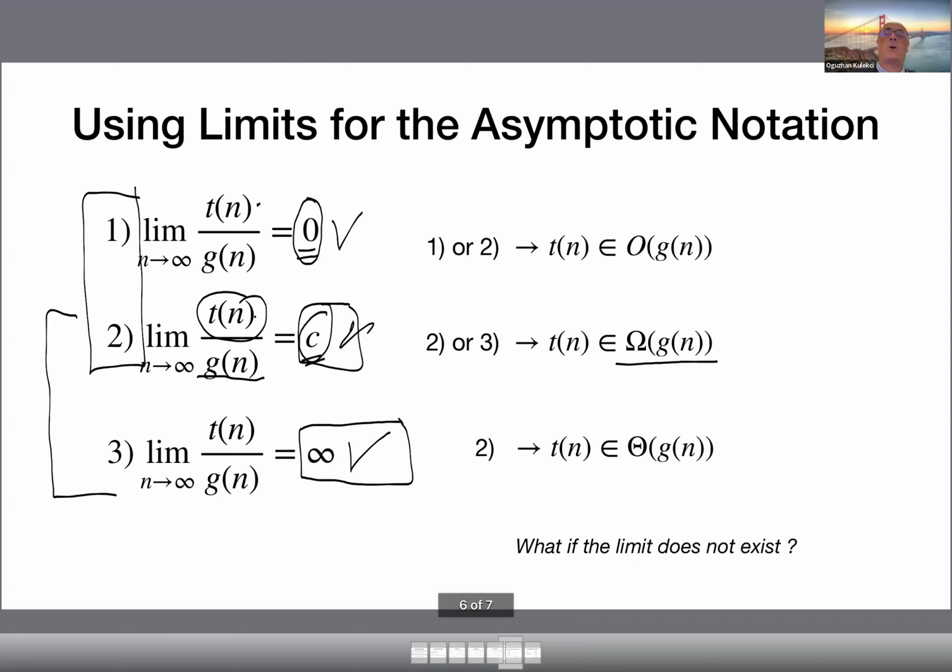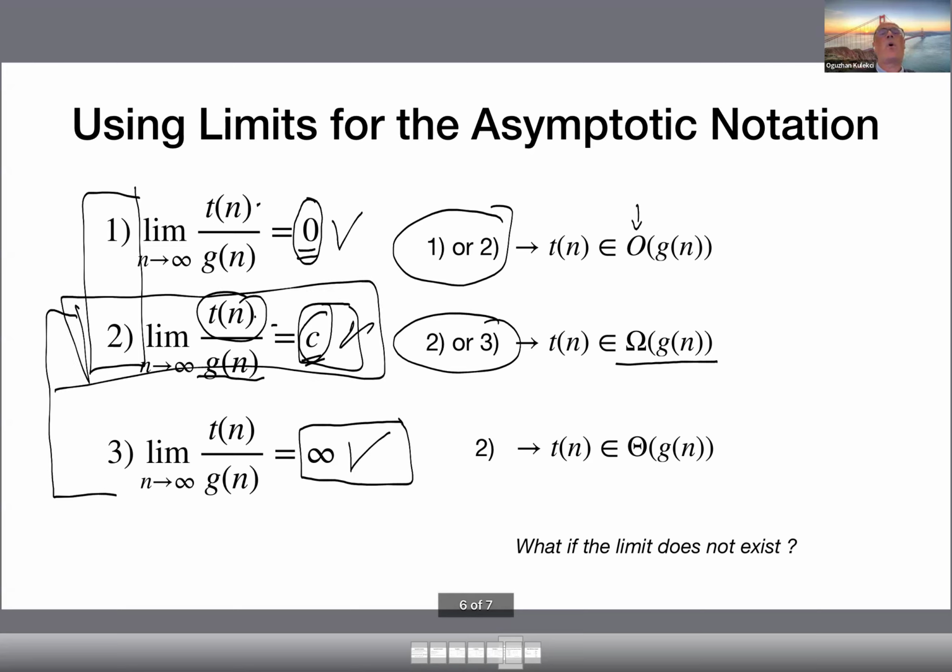So 1 or 2 gives me the upper bound. 2 or 3, either this one or this one, gives me the lower bound. And if the second case holds, then I will say that this will be big theta of G(n).